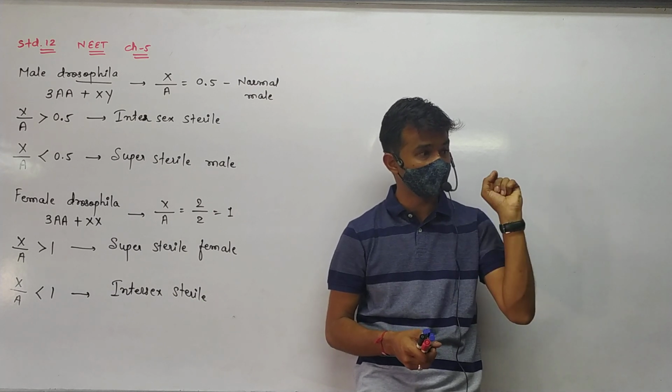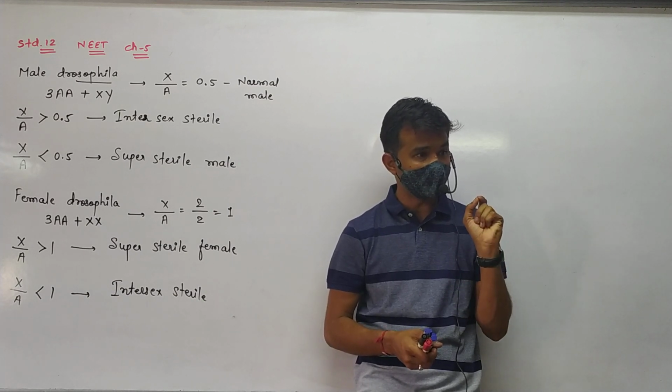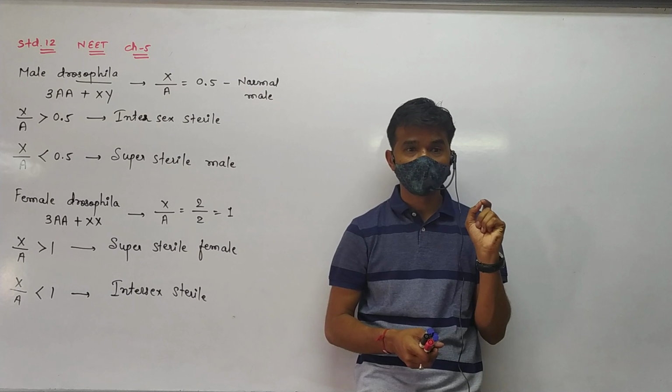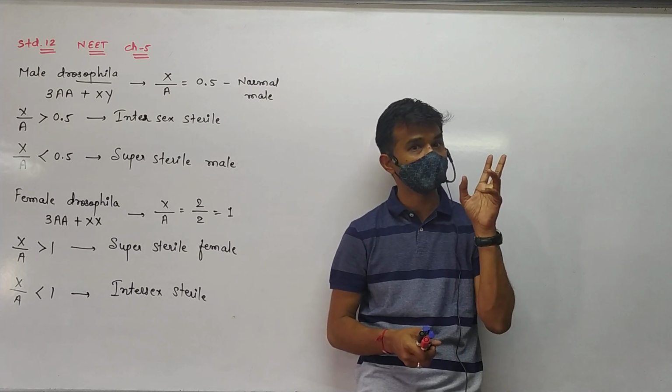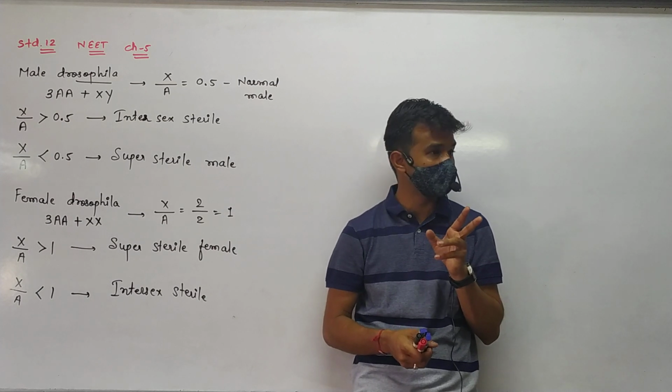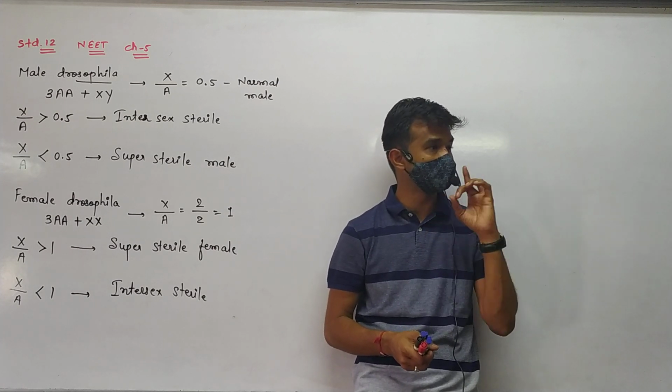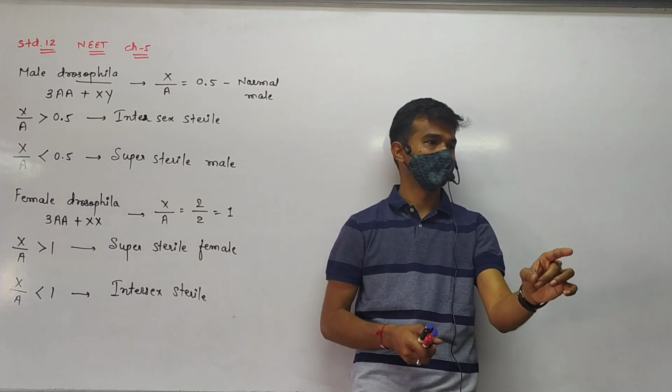Generally this should be a male fly. And here when you take the X upon A ratio, it becomes 1, and this indicates a normal female.